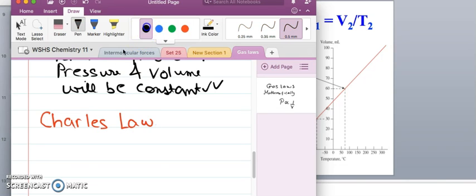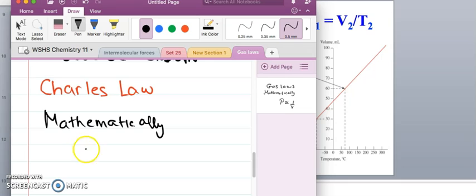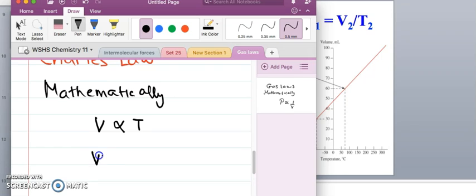So Charles' law, mathematically, we can say that V is directly proportional to T. That means as you increase T, V goes up. Now, this can be written as V is equal to K times T.